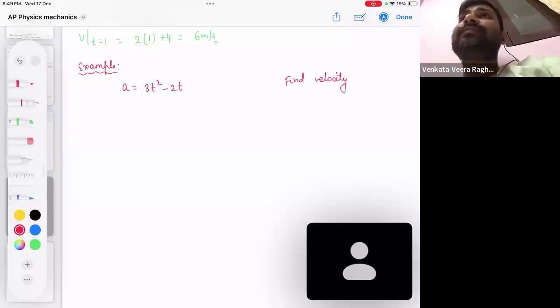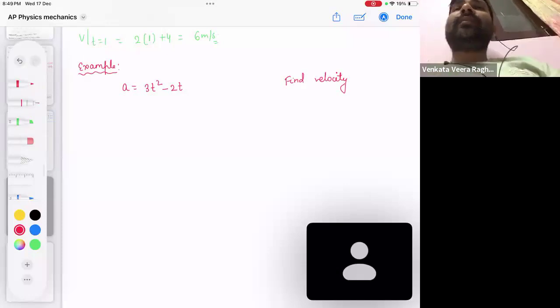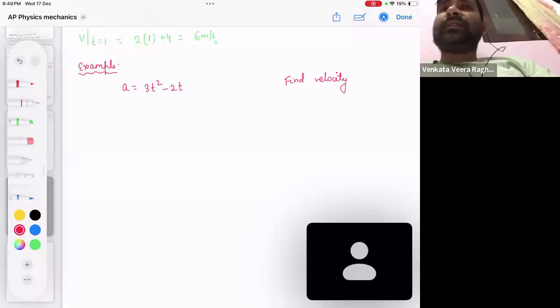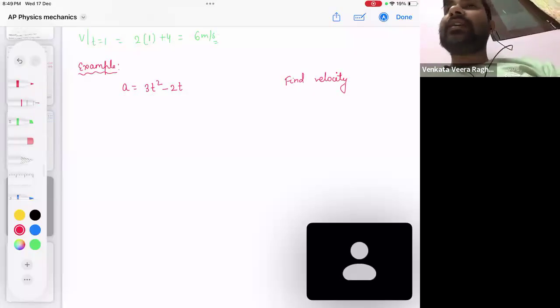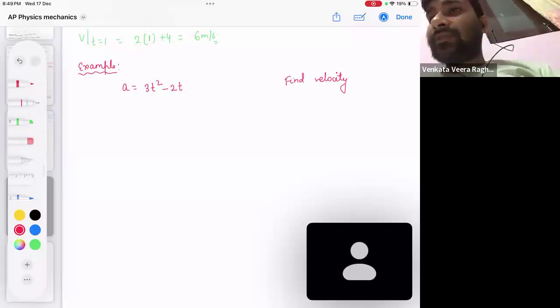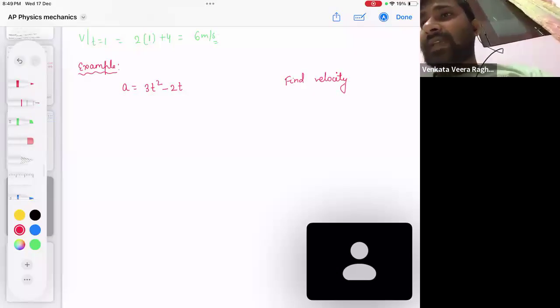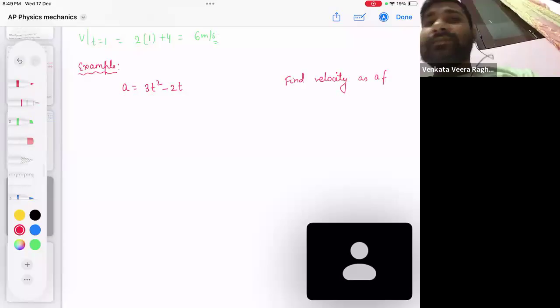So we cannot apply the equations of motion in this case, s equal to ut plus half at square, or v equal to u plus at. Those things we won't be able to apply, because that is only applicable for uniform acceleration. So find velocity as a function of time.